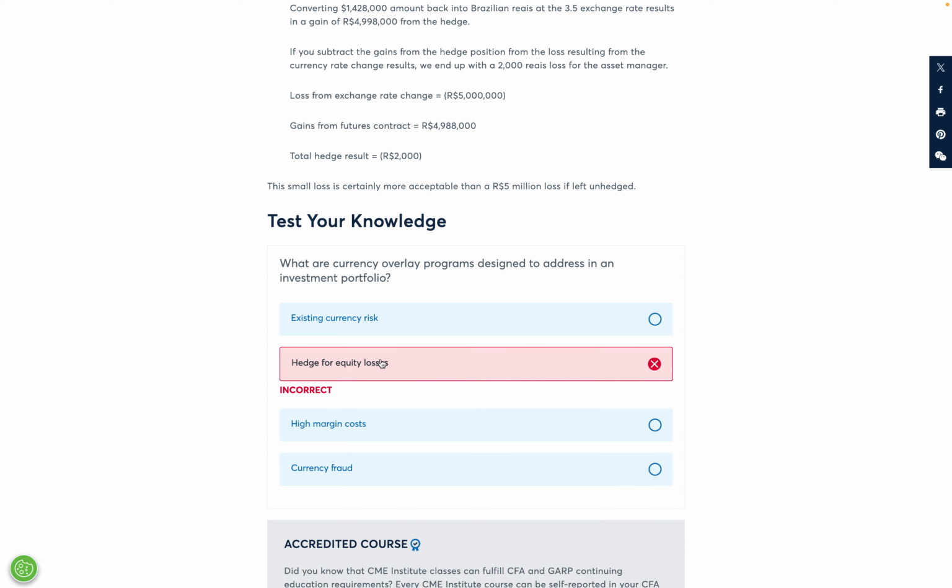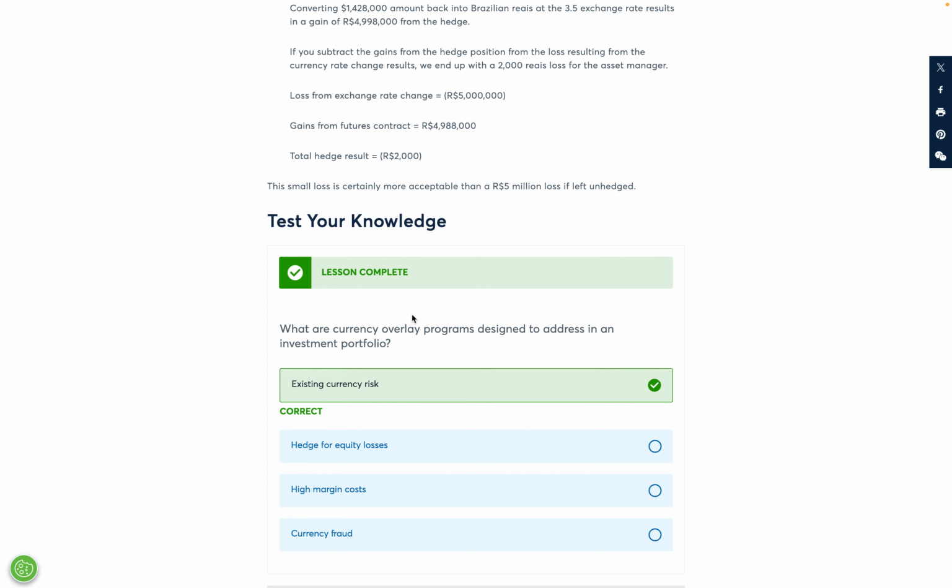What? What are currency overlay programs designed to address in an investment portfolio? Existing currency risk. Oh gosh, I need to read properly. So the existing currency risk.